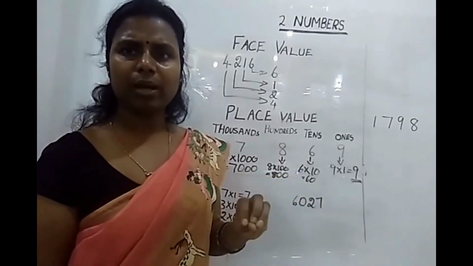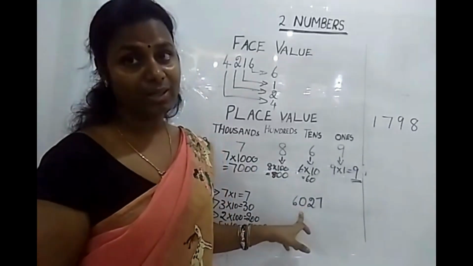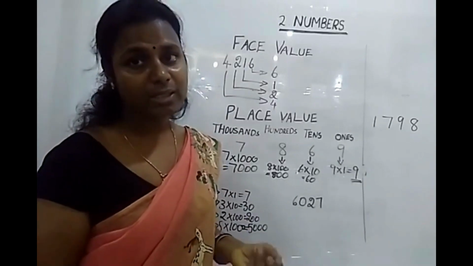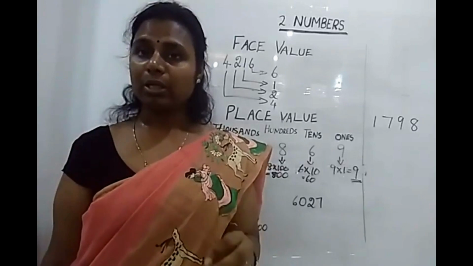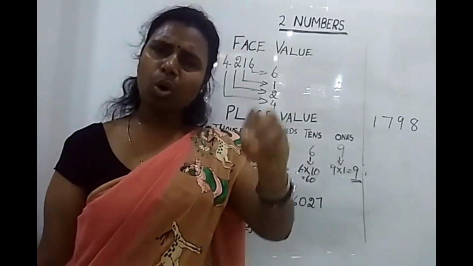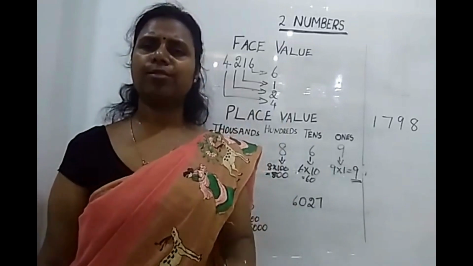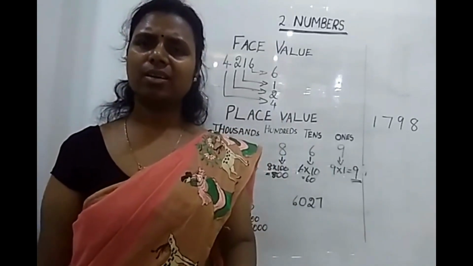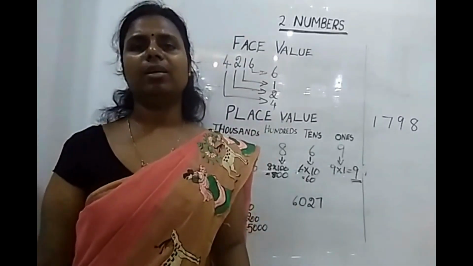So, here it is in hundreds place. 0 multiplied by 100 is equal to 0. So, the place value of 0 is always 0, wherever it may be.